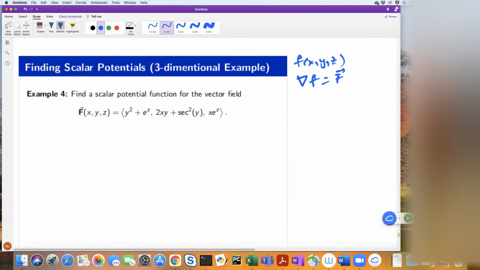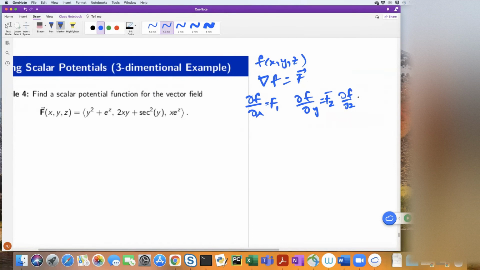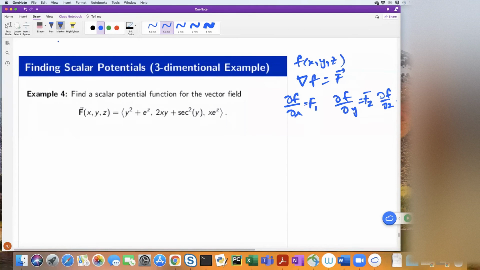And again, I know that this means that the partial of little f with respect to x is equal to the first component of F, the partial of f with respect to y is equal to the second component of F, and the partial of f with respect to z is equal to the third component of F. And so to find the f, you take the antiderivatives.